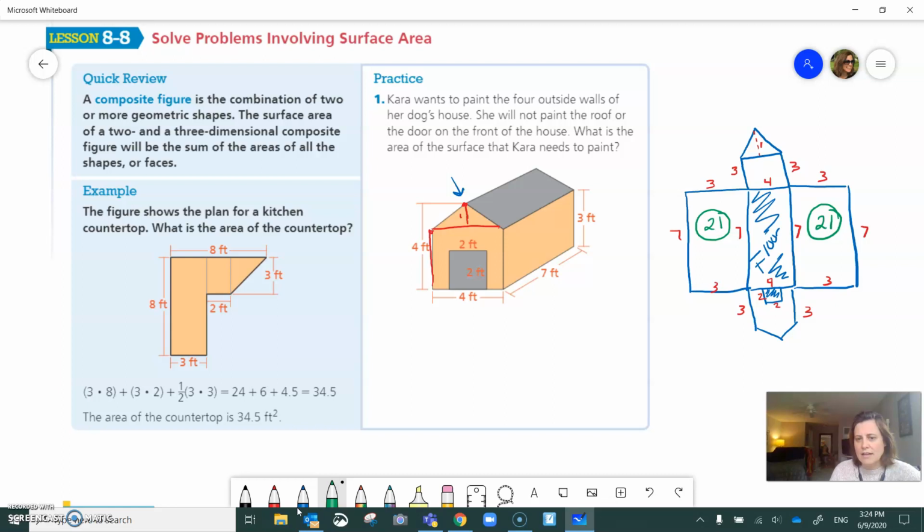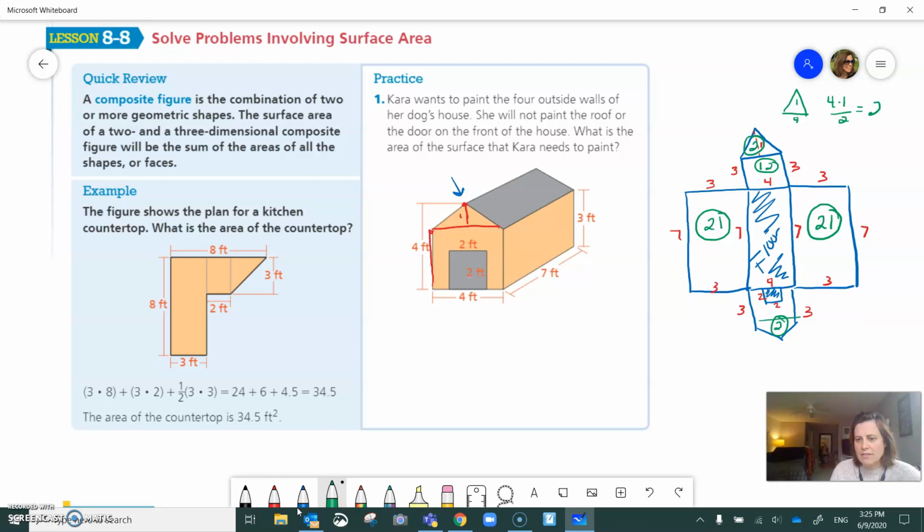This guy is not a square, it's a rectangle. 3 by 4 is 12. The triangle at the top, the distance across the bottom is 4, and it's got a height of 1. So it's going to be 4 times 1 divided by 2, or 2. So this is 2, and this is 2.